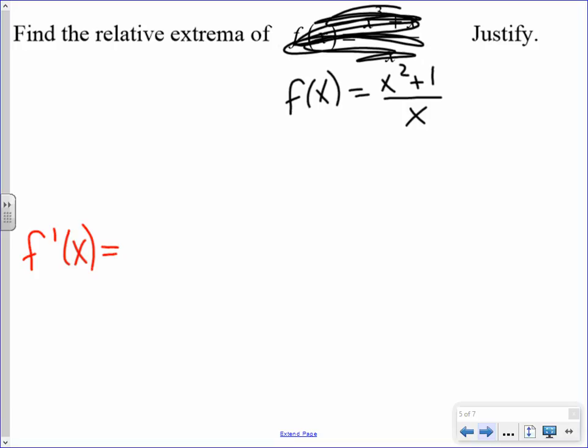Gina, do you have your derivative? Not yet? Go ahead. Compare it to your neighbor when you have it. Gina, did you come up with something?